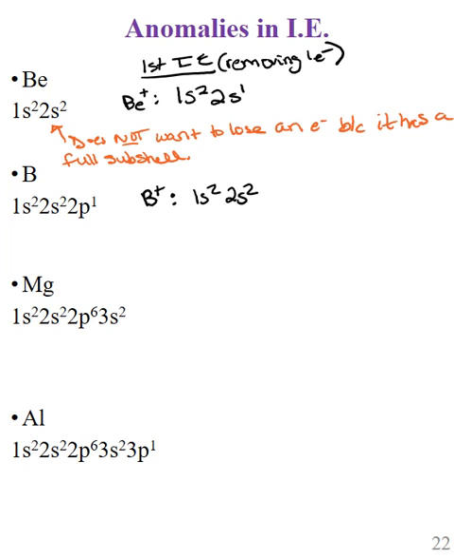If I look at boron, however, it can more easily remove an electron, because then it turns into a full subshell. So it can more easily remove one electron.